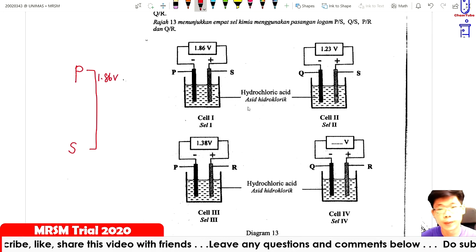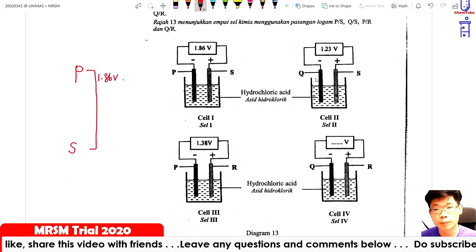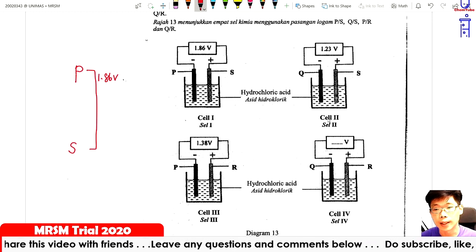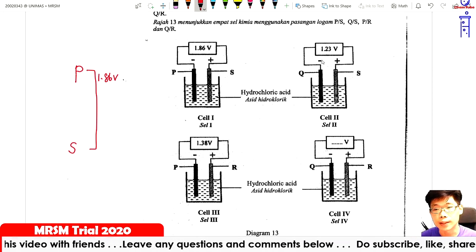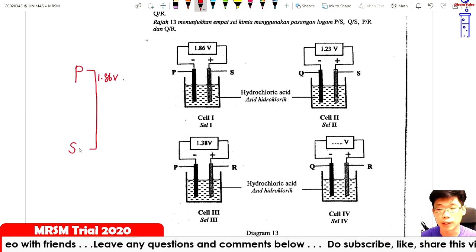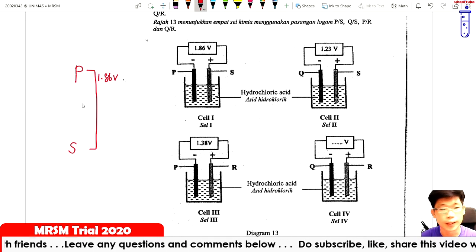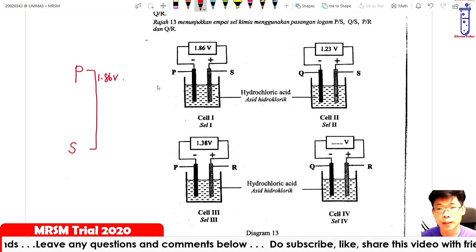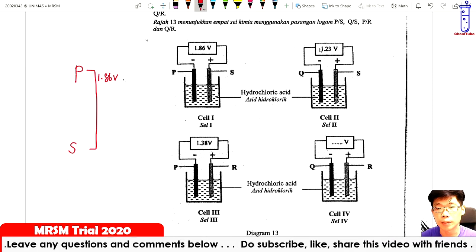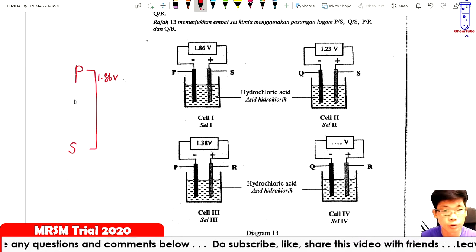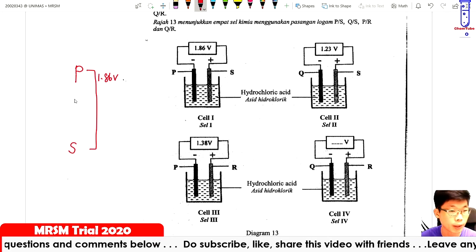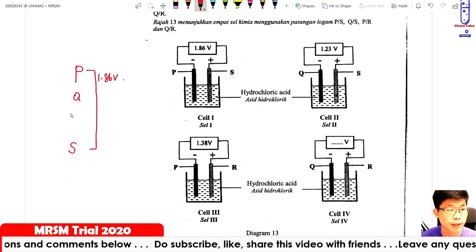volt. Now we look at cell 2, Q and S. Q is the negative terminal, so Q is higher in the electrochemical series compared to S. But the distance is shorter because it is 1.23 only. So Q will be somewhere here, for example.